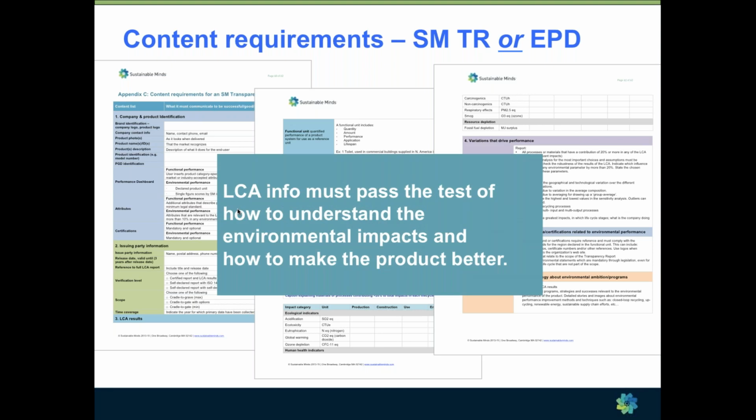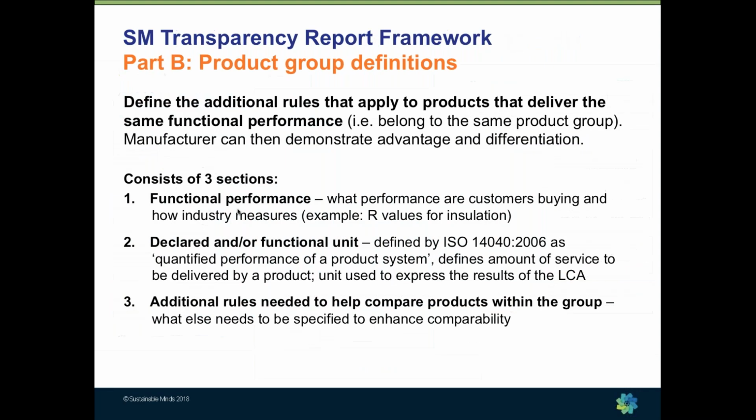And we've been super, super rigorous that the LCA information that gets included in a transparency report must pass the test of how to understand the environmental impacts the product is creating and how the manufacturer is making the product better. If that information does not contribute to that understanding, then we don't add it to the transparency report.